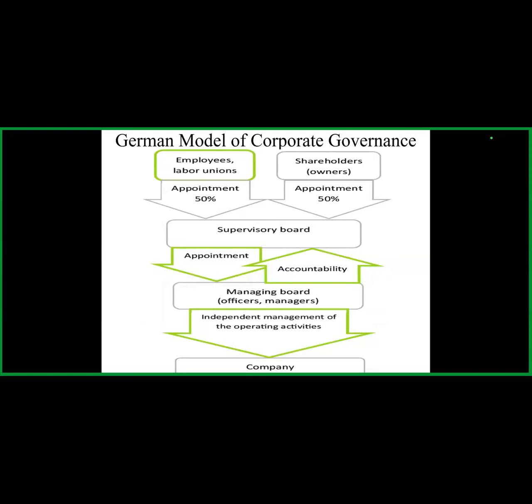Now, here, employees and labor union, shareholders or owners.